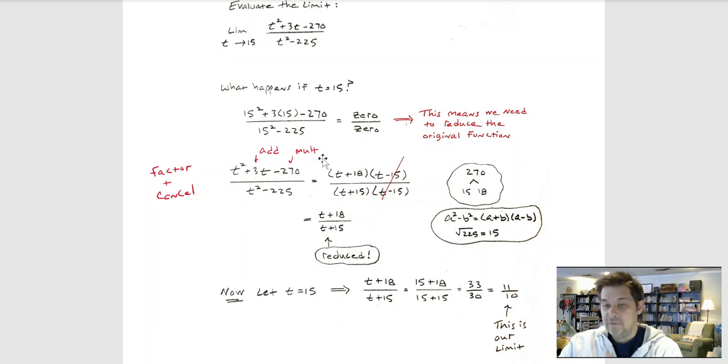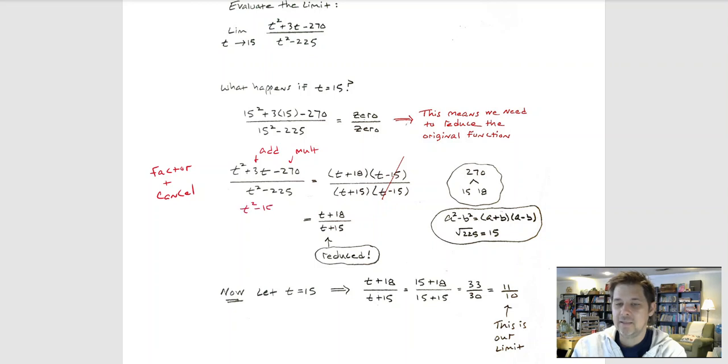So that gives you your factorization, t plus 18, t minus 15. That's how you factor that sort of thing. This down here, t squared minus 225, is called a difference of squares, a squared minus b squared. This is t squared minus 15 squared. 225 is a perfect square. It's 15 squared.